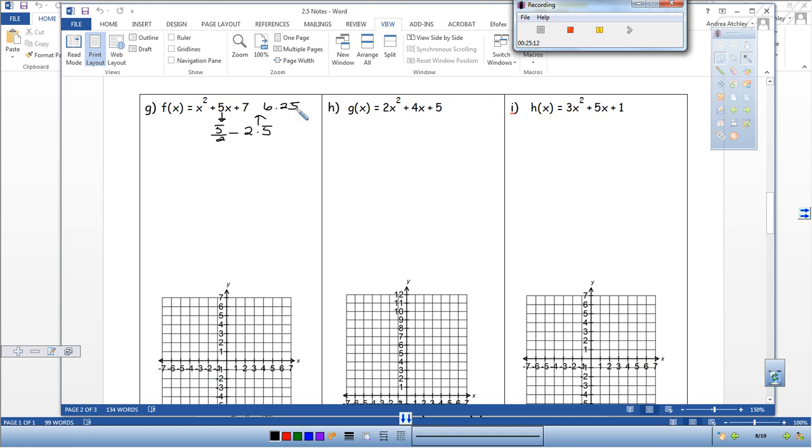Okay? Then when I have my parentheses, f of x equals x plus 2.5 squared. I need this. How many extras do I have? 75 cents, right? Plus 0.75.